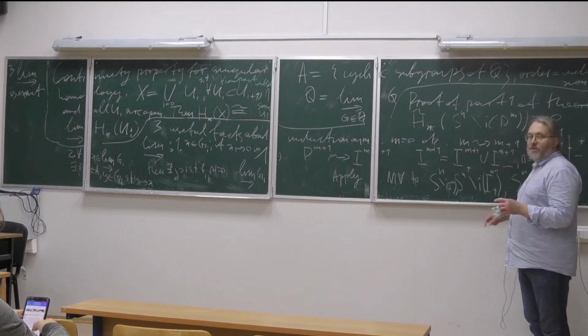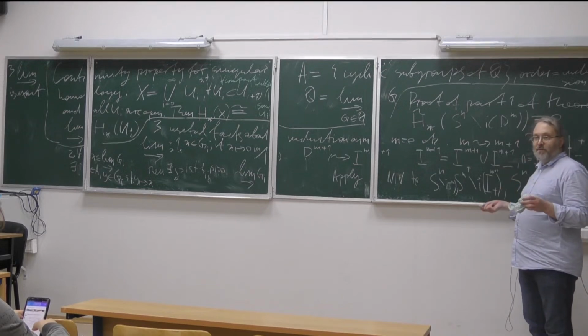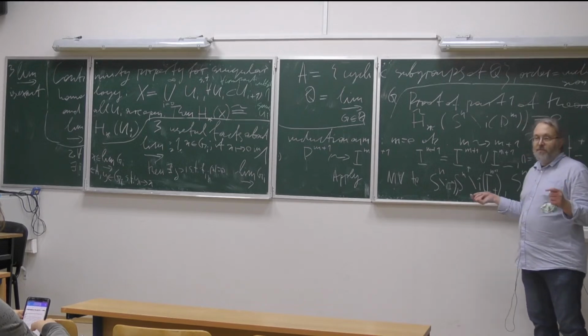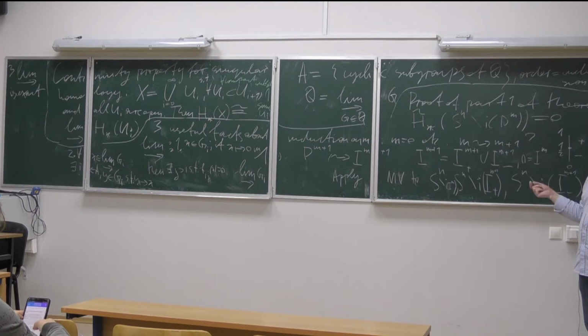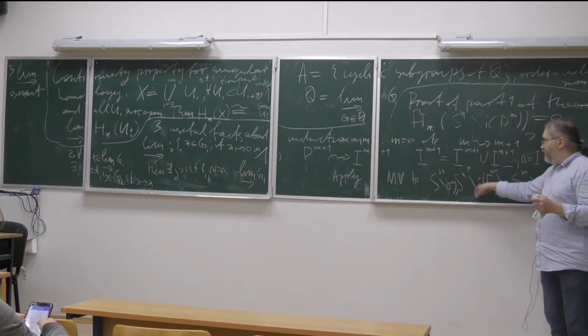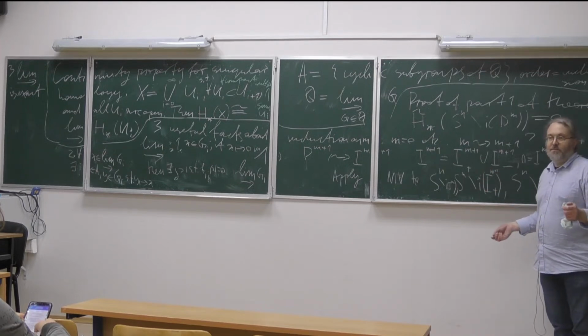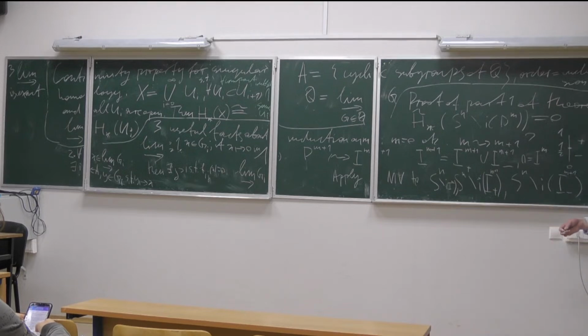The unit cube is compact, so the image is also compact, and the sphere is Hausdorff, so it is closed. And so when we take the complement, we get something open. So yes, indeed we need open subsets, but in this case this is automatic.